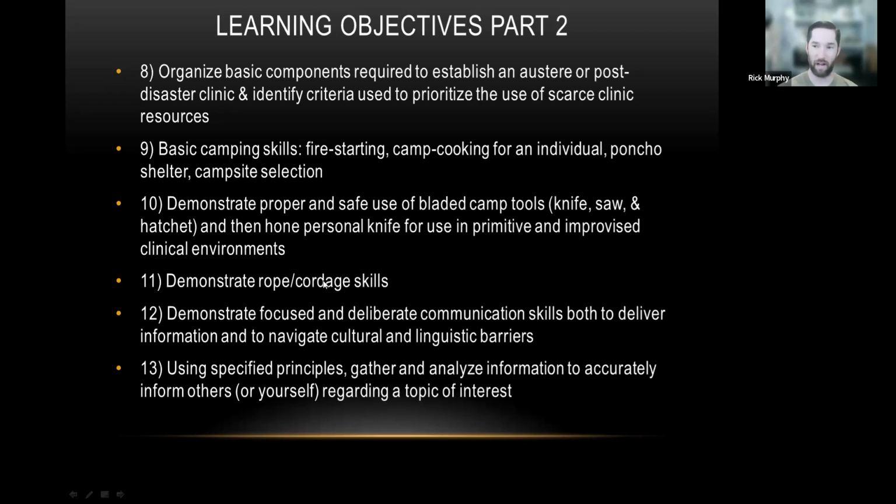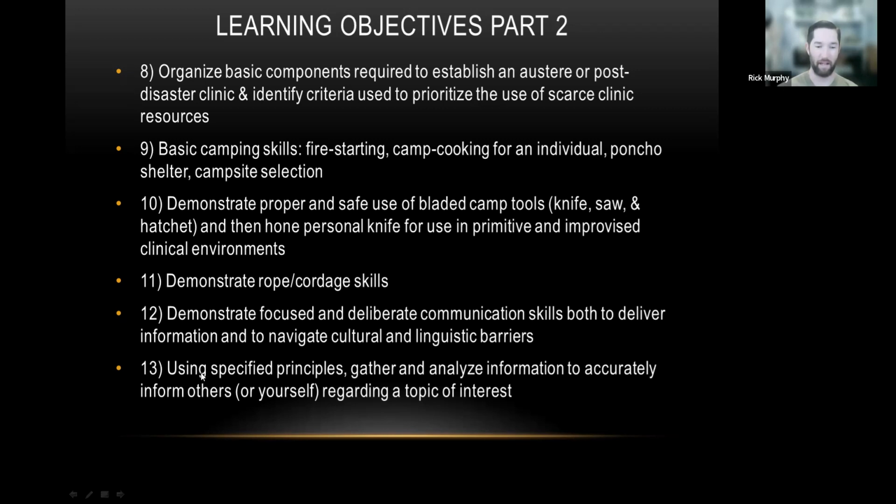So ropes and cordage, knots, all the camp knots, communication skills as well. So we'll talk about how to talk, in English, how to deal with cultural, ethnic, social class barriers, as well as foreign language barriers, which I've had to do several times in my life, being overseas and working as a missionary, especially.